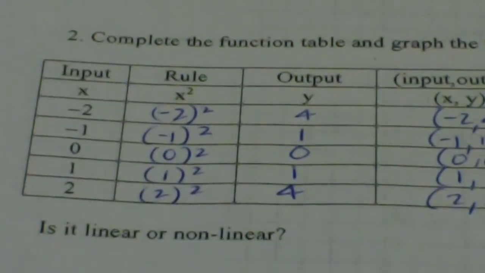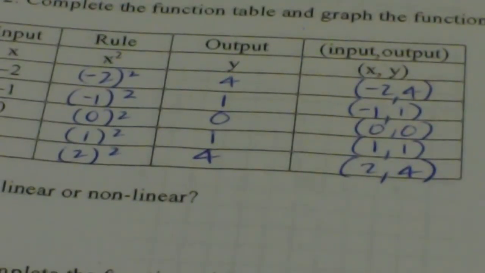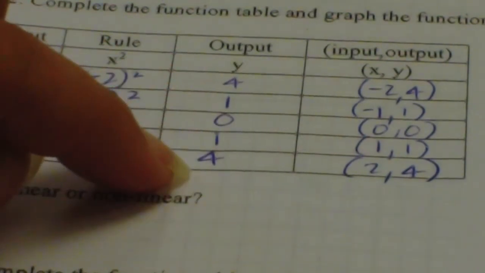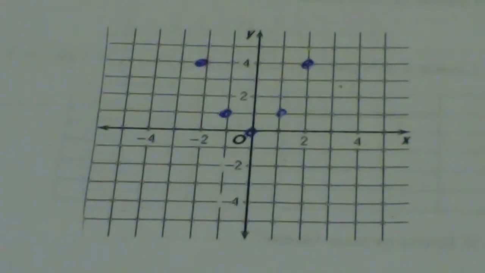All right, so there's my completed function table. And you notice that your values are repeating, 4, 1, 0, 1, 4. And then I've made my ordered pairs. Now I'm going to graph them. And we are going to connect the dots.